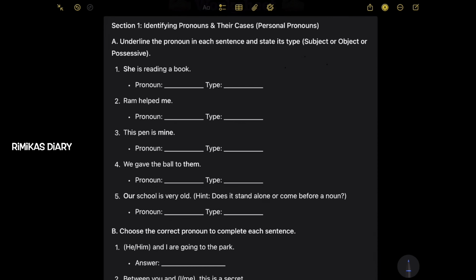So section 1, identifying pronouns and their cases. Personal pronouns. Underline the pronoun in each sentence and state its type: subject, object, or possessive. She is reading a book. So she is the pronoun, and it's the subject.